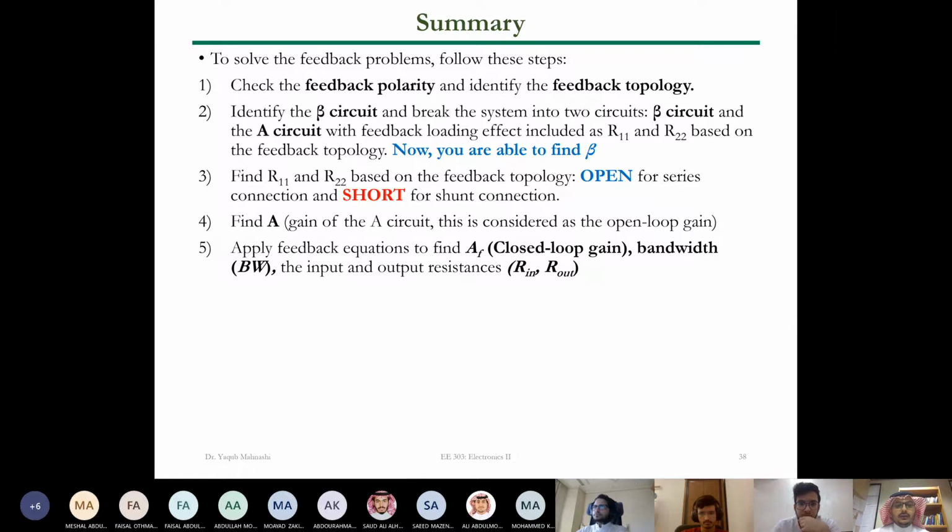Then you can go ahead and find the A or the open loop gain, including R11 and R22. If it is stated that you need to make it ideal feedback, then you don't need to do the R11 and R22. And at the end, you can apply the formula.